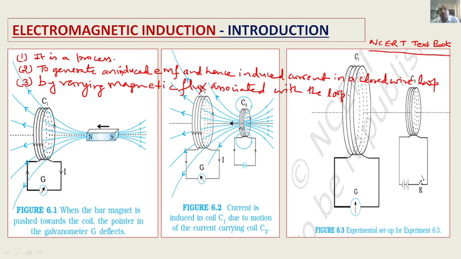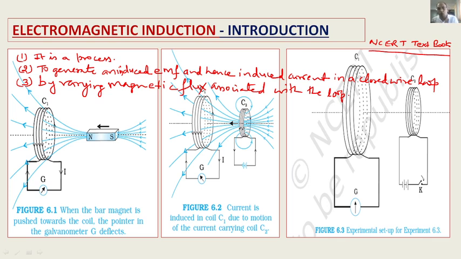This is called electromagnetic induction. So electromagnetic induction is a phenomenon to generate an induced EMF, and hence induced current, in a closed wire loop by varying the magnetic flux associated with the loop.